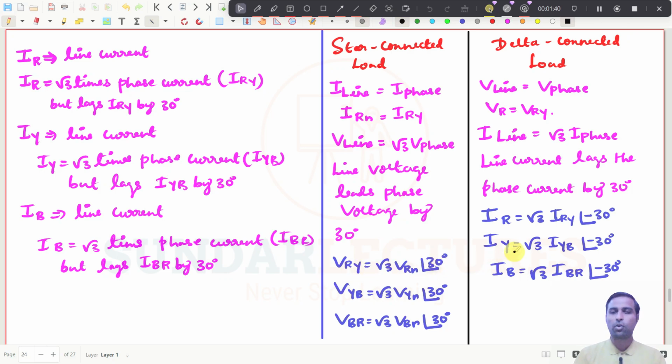Try to understand, don't confuse yourself, because I have taken a different notation so that we can easily understand. Now this line current is root 3 times the phase current, and it lags the phase current by 30 degrees. That is why I have written here minus 30 degrees.